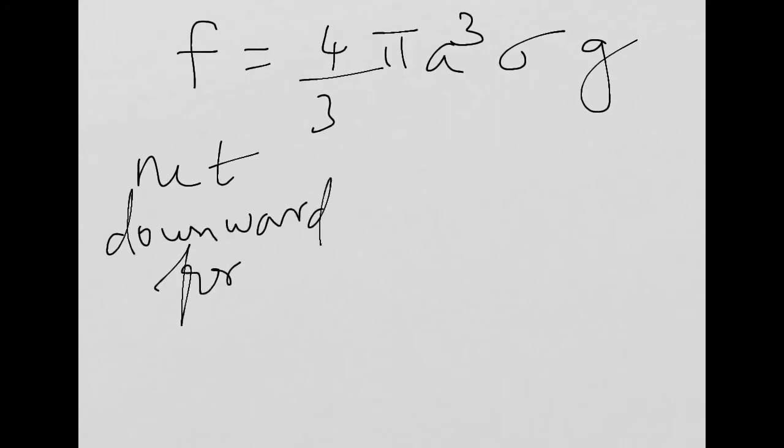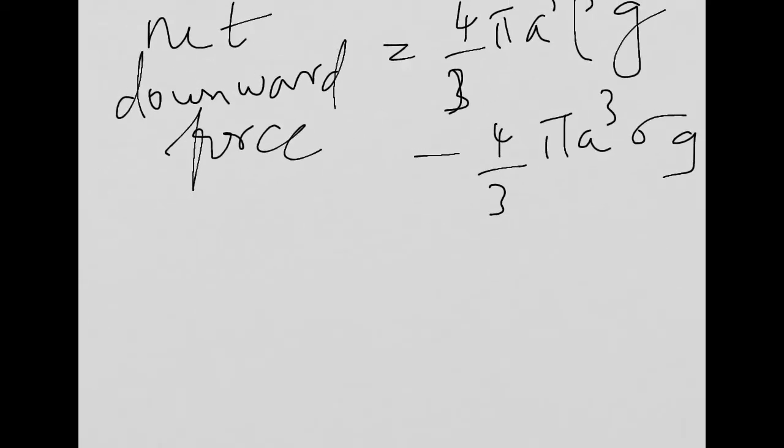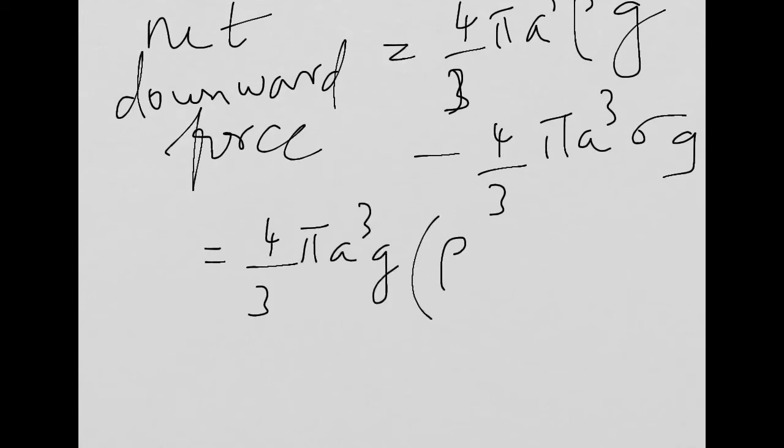Net downward force is nothing but 4 by 3 pi a cube rho g, with which it is falling down, minus 4 by 3 pi a cube sigma g. Taking 4 by 3 pi a cube g common outside, it is rho minus sigma. This is the net downward force with which the oil drop is falling down.